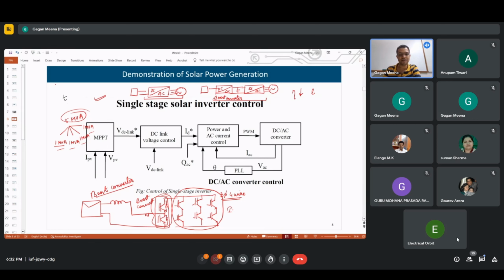The prime mover, the turbine which is rotating, is this: we have a DC motor here, and this is an induction motor.